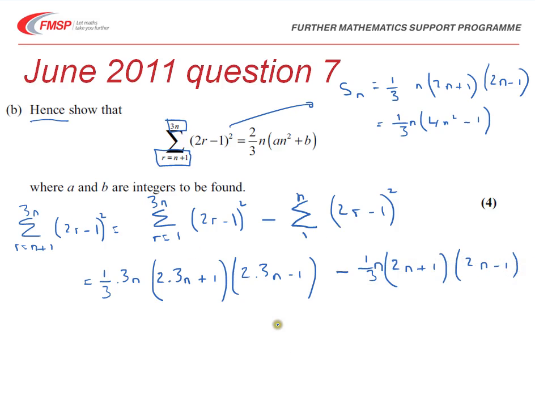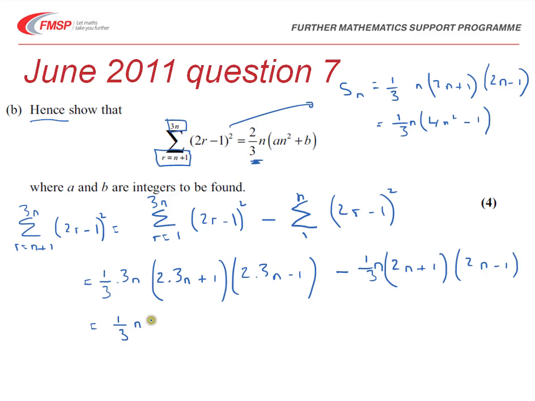Now, the factorizing out here, the 1/3 n can be factored out. Clearly 2/3 can be, but it's not so clear where the 2 is coming from just at the moment.